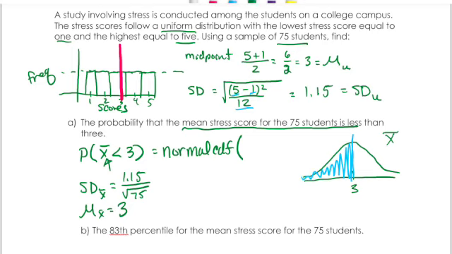this is what we're looking for. So less than 3 means we're going to go all the way to the left. So my lower limit is going to be -1E99. Our upper limit is going to be 3. Our center is 3. And then our standard deviation is 1.15 divided by the square root of 75.